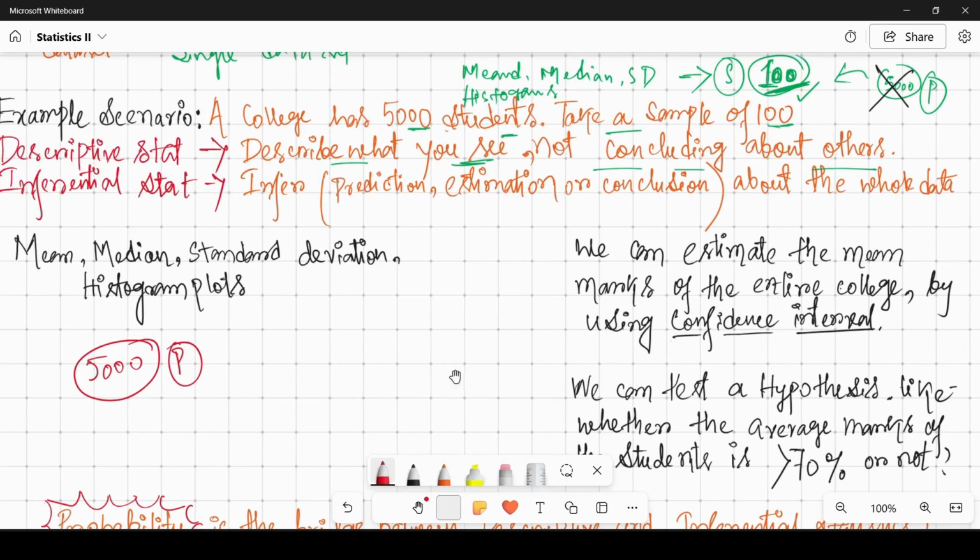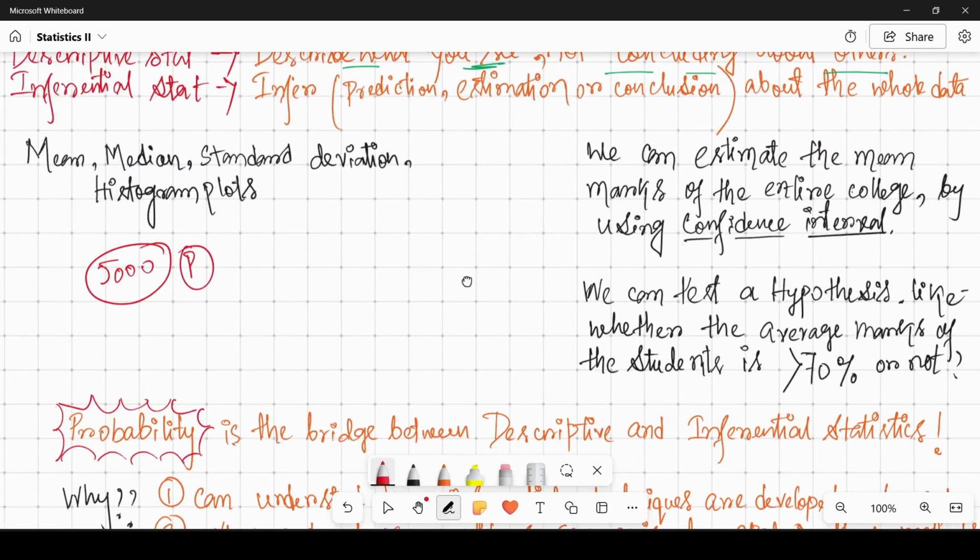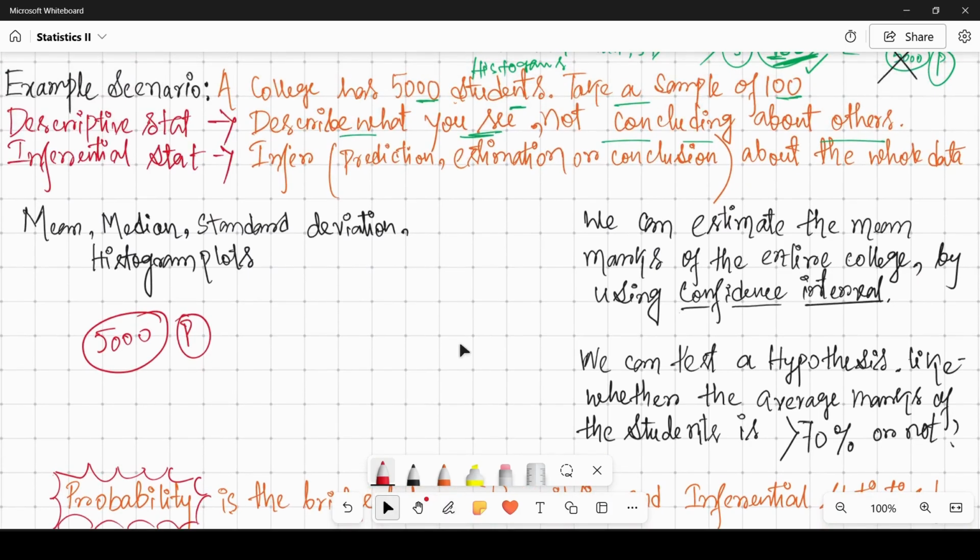If we do so, we can answer some specific questions. We can estimate the mean marks of the entire college by using the confidence interval that we talked about.